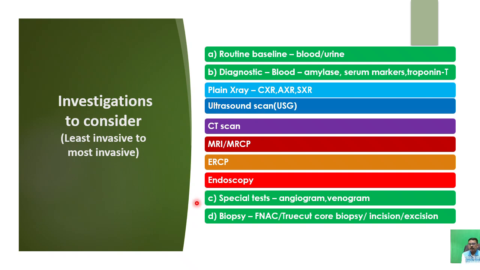Then there are special tests for certain cases, where a patient has bleeding and the cause cannot be determined. You may want to do an angiogram or venogram to rule out obstruction or DVT. These are important special investigations, which are done not for every case but as and when required.